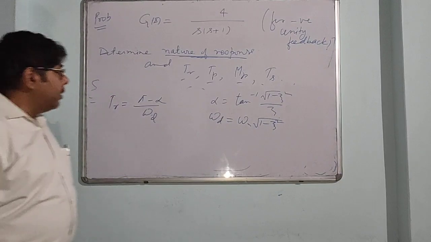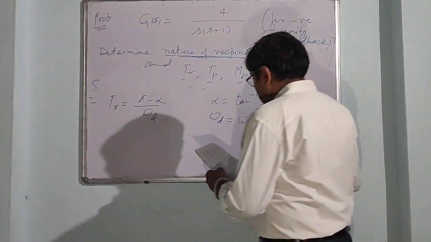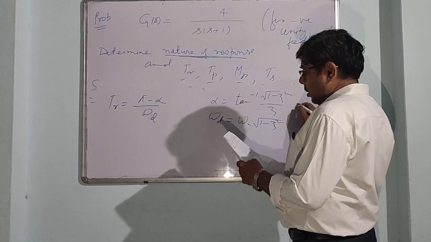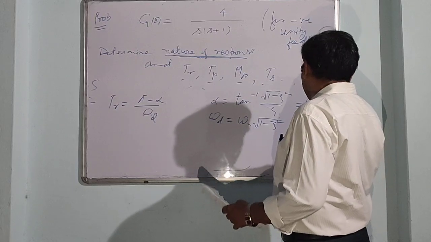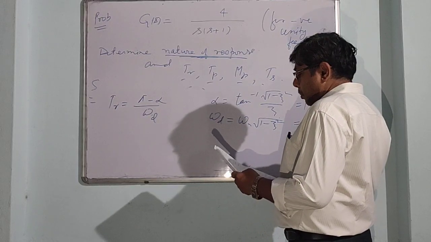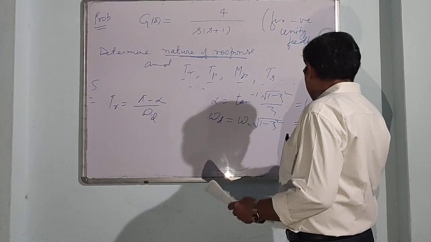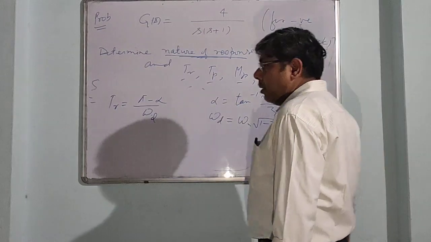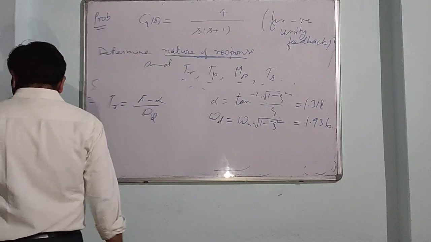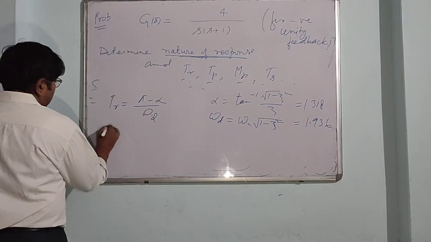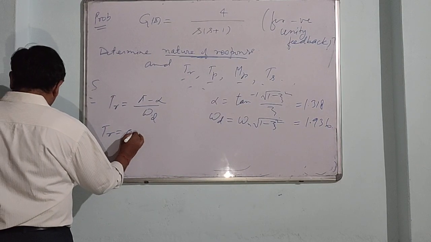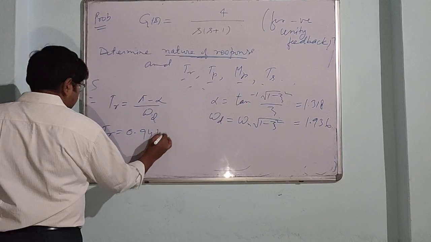So you can calculate these two values. I think alpha is 1.318 approximately, and omega d is 1.936. So from here you can calculate rise time, which comes out to be approximately 0.9419 seconds.